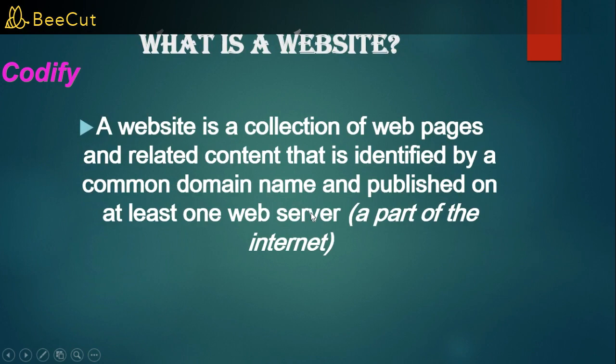There are multiple other servers that are connected together. The connection of these servers, the way they connect and communicate with each other and also with us using our laptops and all those things, this whole system is called the internet. So a server is part of the internet.